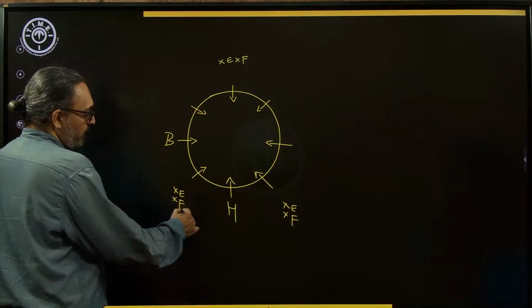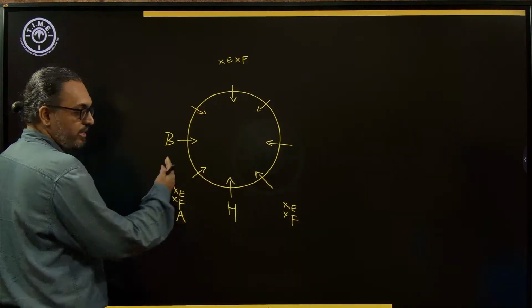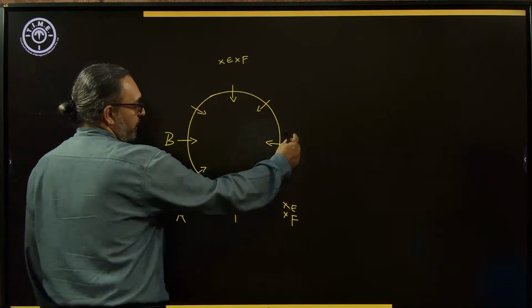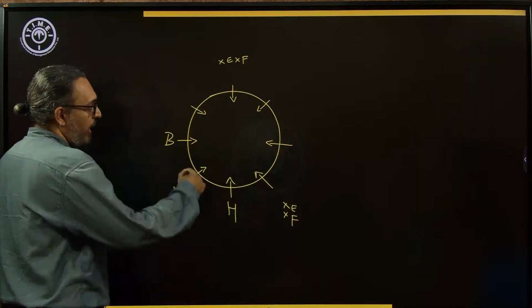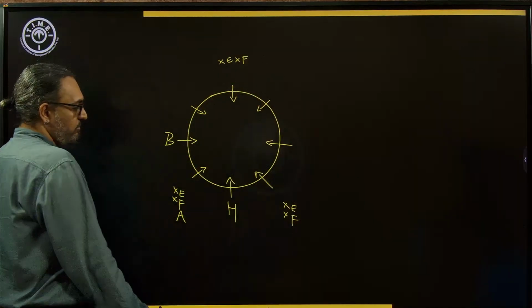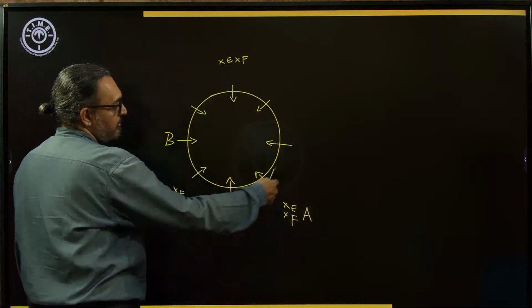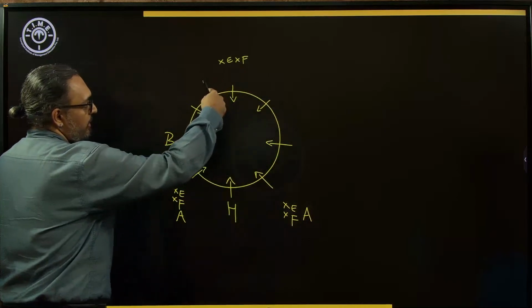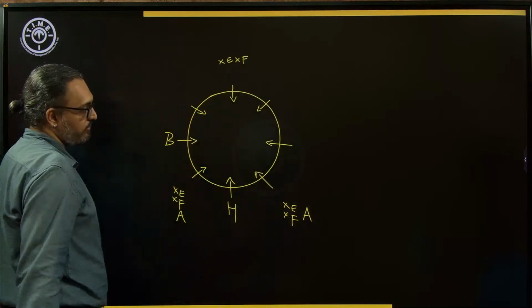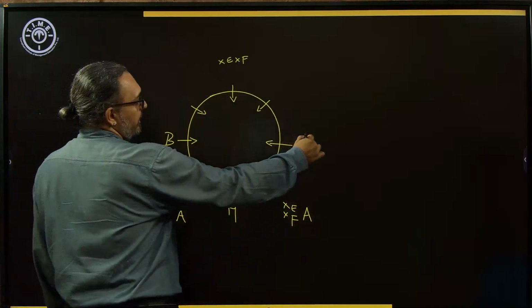Now, can I put A here? Right is anti-clockwise. 1, 2, 3. So you can have C here and opposite A you can have E. Then can I have A here? 3 places, then opposite you can have E. That is also there. Then can I have A here?